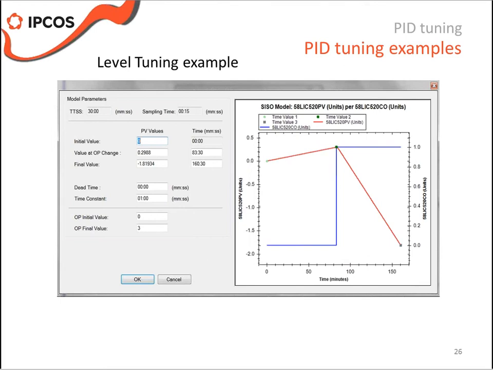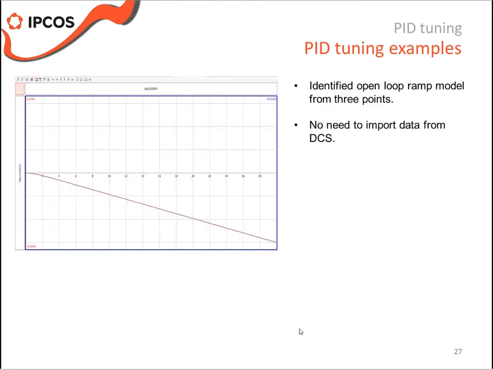What we can do is sit yourself in front of the DCS, put your level loop in manual, note down the initial value and the time, note down the value of the PV at the time you make your output change, and also the time you make that change in the output, and then note down the final value of the level. And you can enter these values directly in the software, and your next step is effectively you get a model that you can use directly to tune the PID loop.